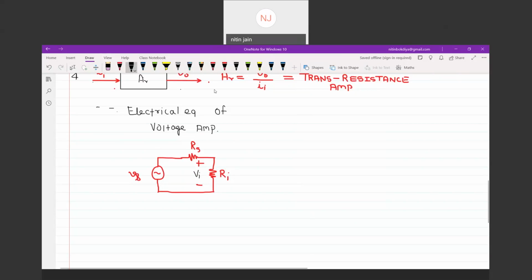Now we have one dependent source, A times Vi. This is Ro.